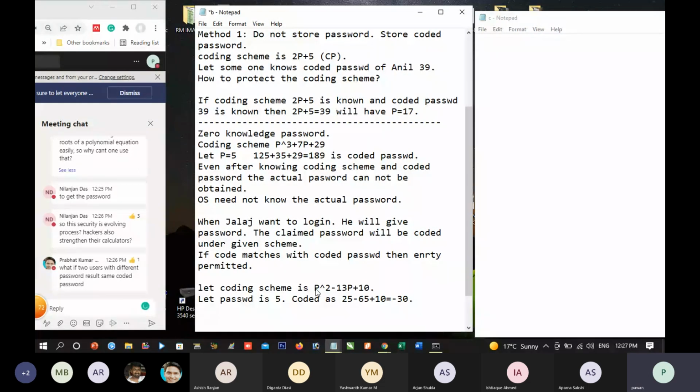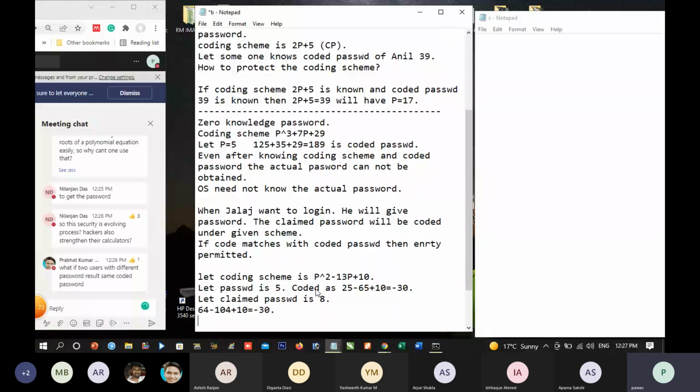Let the claimed password be 8. Then 64 minus 104 plus 10 is also equal to minus 30.